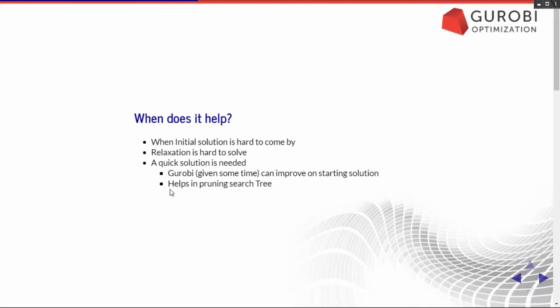But that's not the only thing an initial solution does. It also helps Gurobi to do local improving heuristics on the given solution, or actually the current incumbent solution. So really, having a certain solution can help a lot.